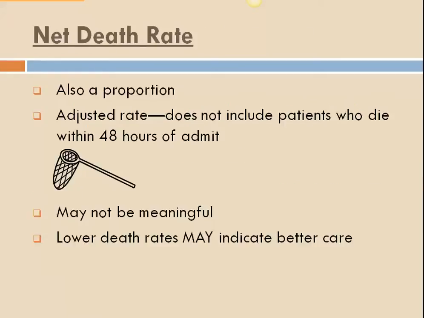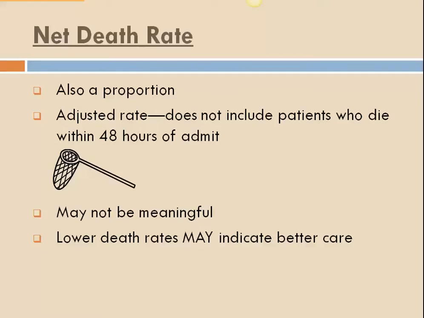Okay, the next type of death rate we're going to look at is the net death rate. Now, this is also a proportion, so again, you're going to include that numerator in your denominator. The difference between the net death rate and the gross death rate is that the net rate is adjusted. It does not include patients who die within 48 hours of admission to the hospital.